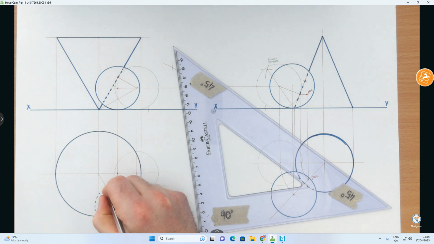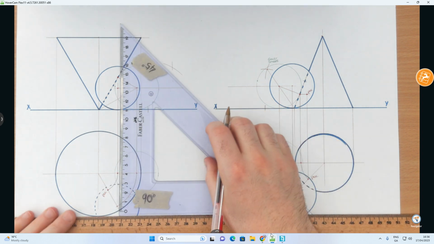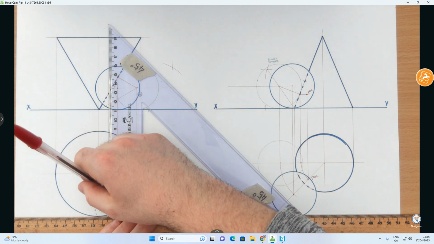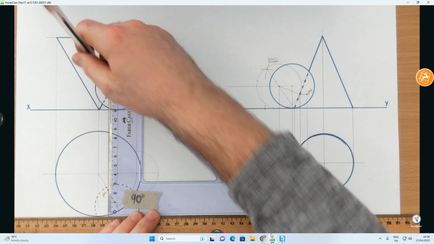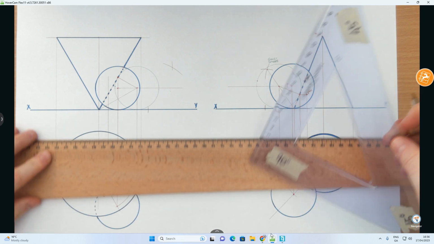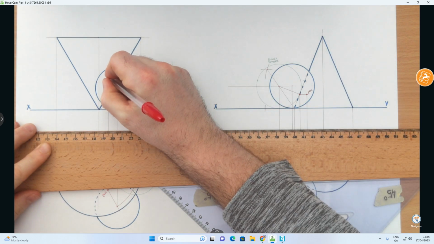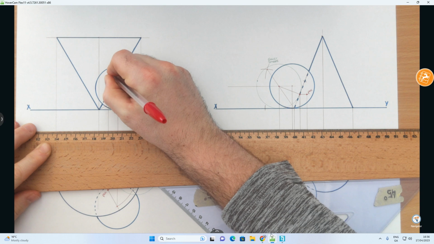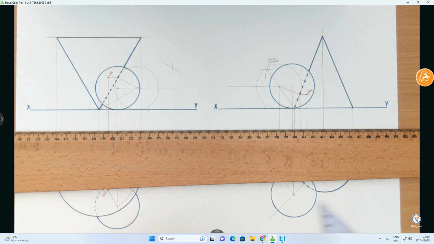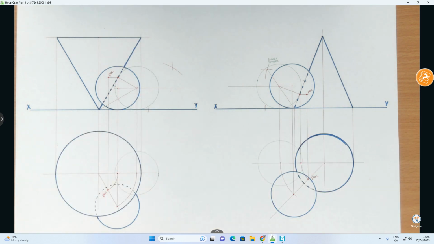And that there is my POC in plan. If I found it in plan, I have to find it in elevation. So in elevation, it will be at the same height, so project it up, and project this across. POC.